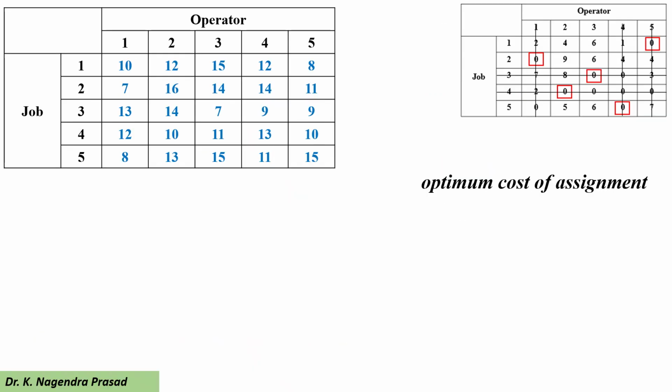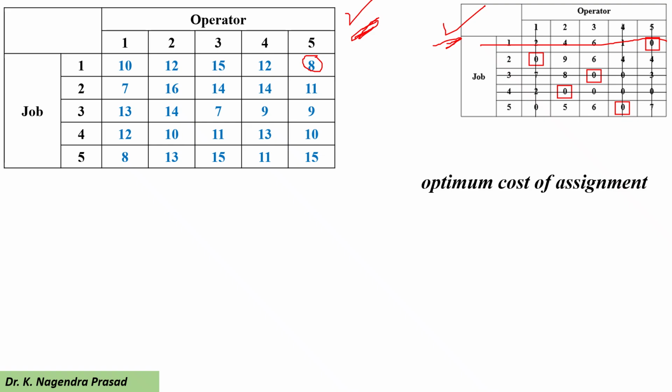So this is the matrix after applying the Hungarian method, and this is the given problem. Now the optimal cost of assignment: we assigned the first job to the first operator and the cost is 8.